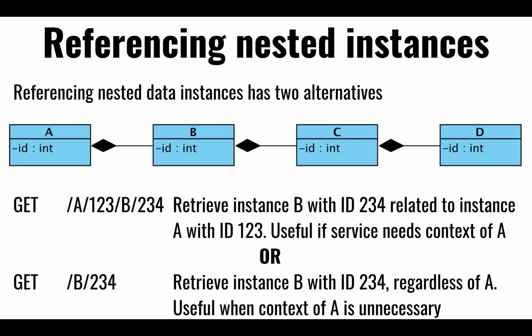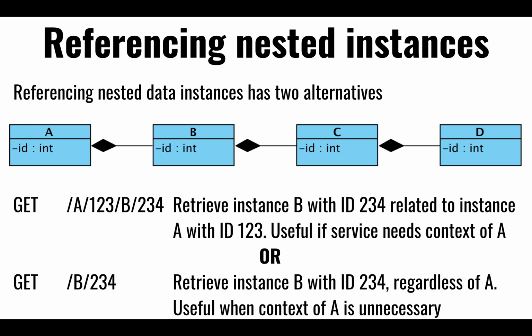You would only ever use /A123 if, for some reason, in your calculations, you also need to know who the parent is. But that would be very easy, typically in Java, since these relations are typically bidirectional. So fetching the B234 would typically also give you a reference to its parent. So you could say, who is my parent? Oh, A123. So typically the second one would be enough to answer that question.